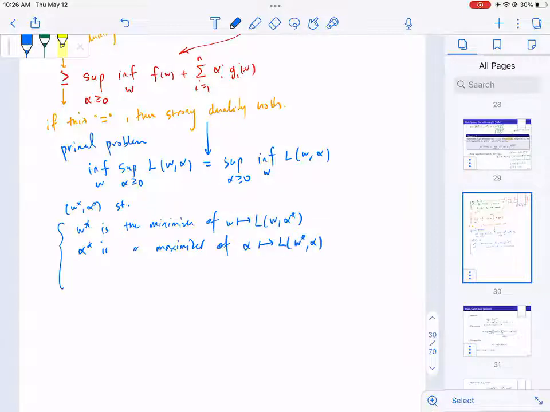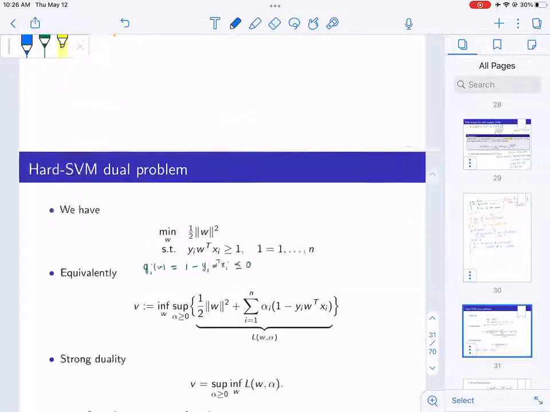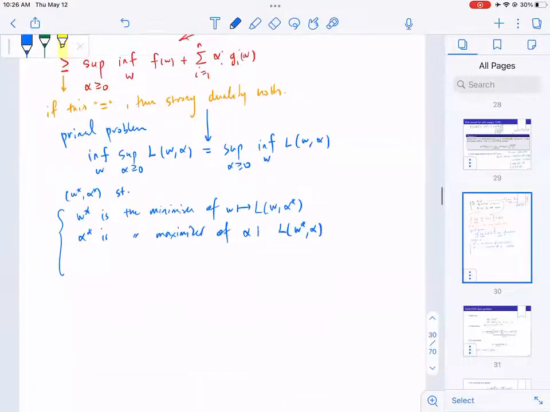If I can find such a pair, this is called the primal-dual pair. And then w star is primal feasible, alpha star is dual feasible, in this case non-negative. Primal feasibility here is just vacuous. So these are called KKT conditions.